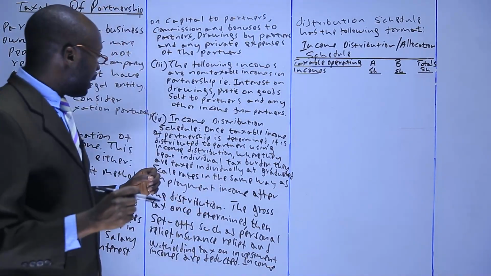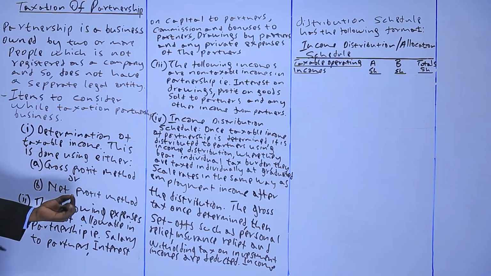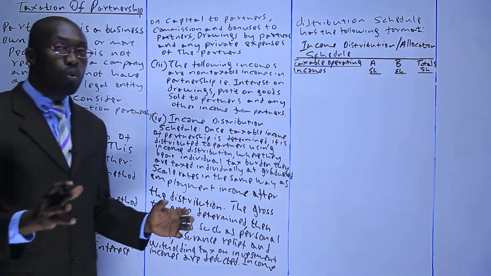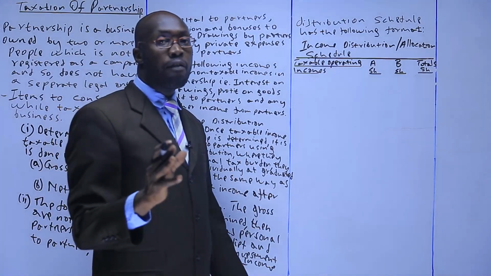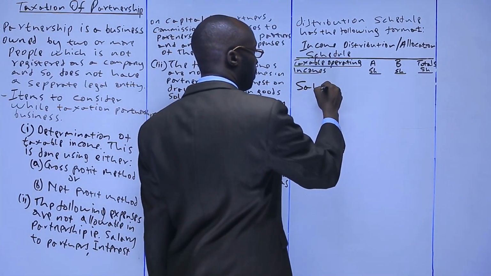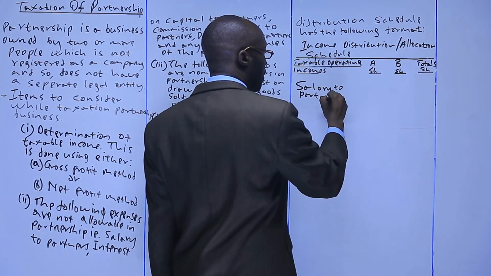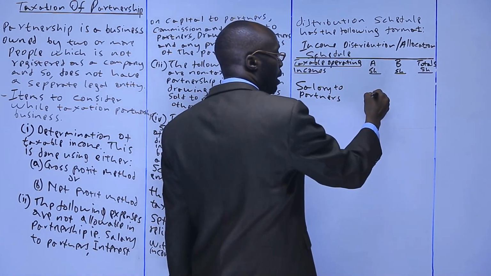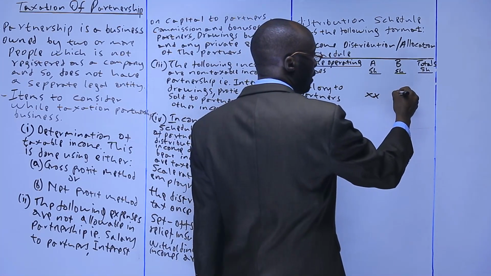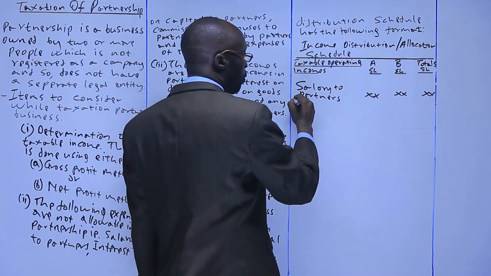So the taxable operating income you would have determined using either gross profit method or net profit method. You can distribute it this way. The first one is usually the salary. So salary to partners. If partners have the salaries, if this one had a salary, you put there this one and the total. The next one is interest on capital.